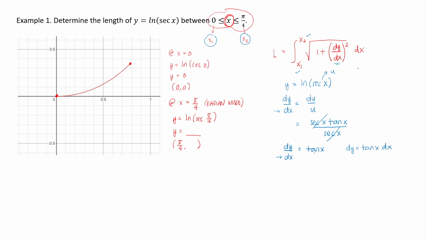But again, since we're not going to replace dx, we will use the earlier one, because we are just going to replace dy over dx. Okay, so getting now dy over dx squared, this is now tangent squared x.